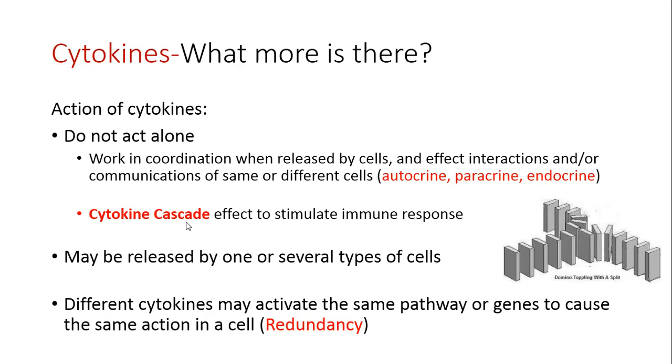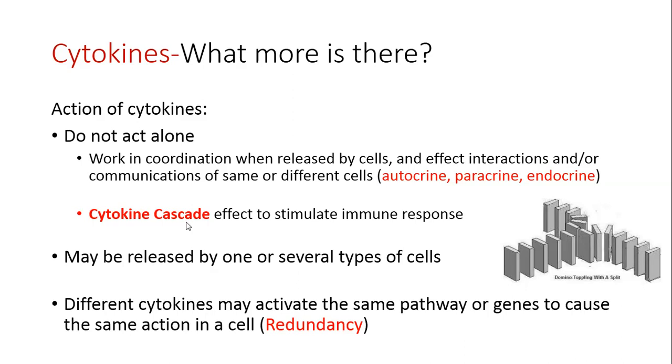We'll see an example in just a few minutes, but remember, the same cytokine can be released by really one or several types of cells, and the human body was pretty well designed and has manifested over time to have a lot of systems that make it kind of foolproof.